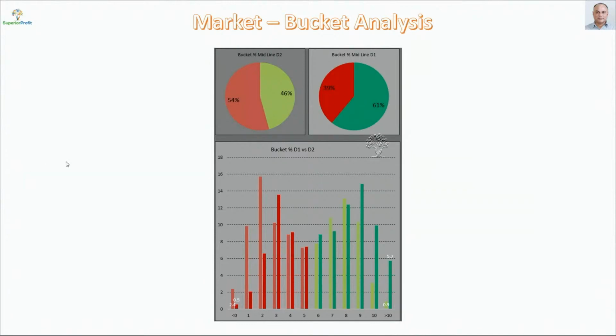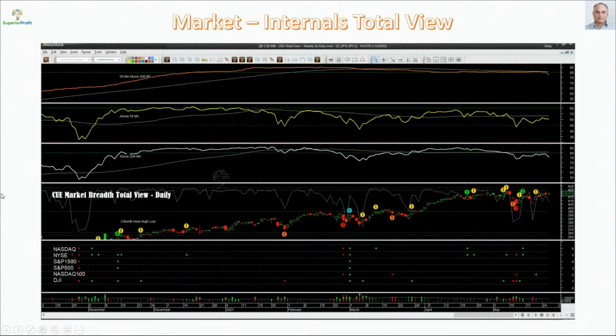After that, we drill down further inside the market, like with a stethoscope, and look at market internals. And here, in this particular study, that is market breadth total view, daily interval, we are looking at 6 indices and gathering the insight from the 6 indices in a single chart.